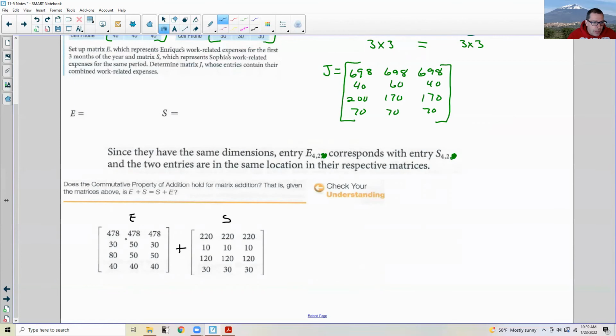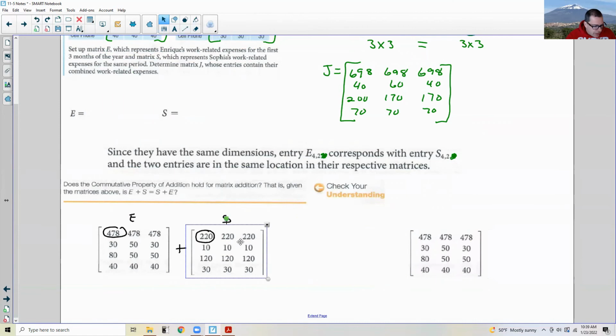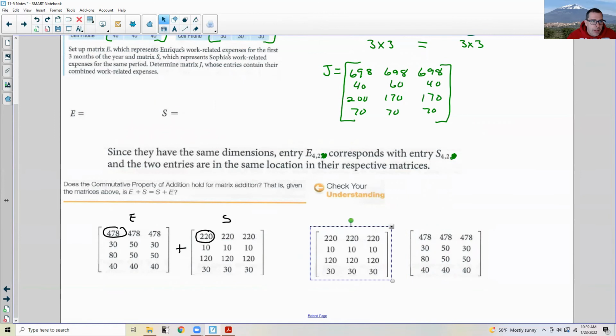This is E, and this is S. If I look at this position, it corresponds to this position. If I do it the other way around, and now this is E here, and this is S here, and I put a plus sign in between, now I have S plus E. The first position plus the second position, or I should say row 1, column 1 plus row 1, column 1 of the second, 220 plus 478 is going to give you 698. 478 plus 220, 698.